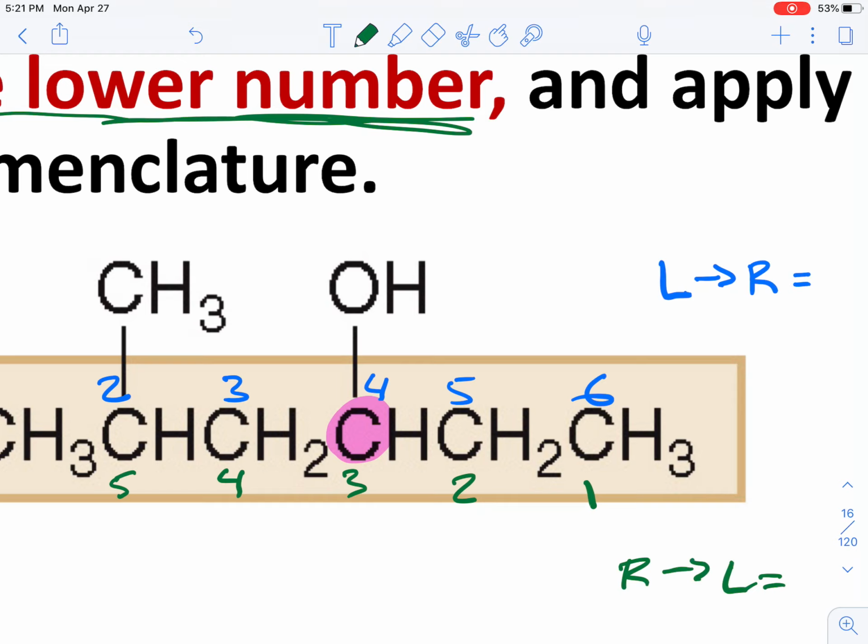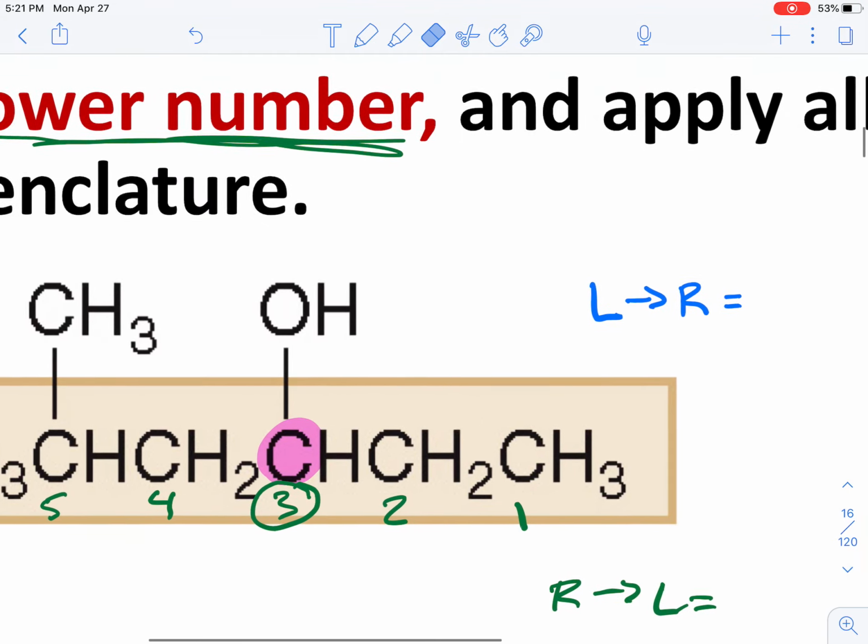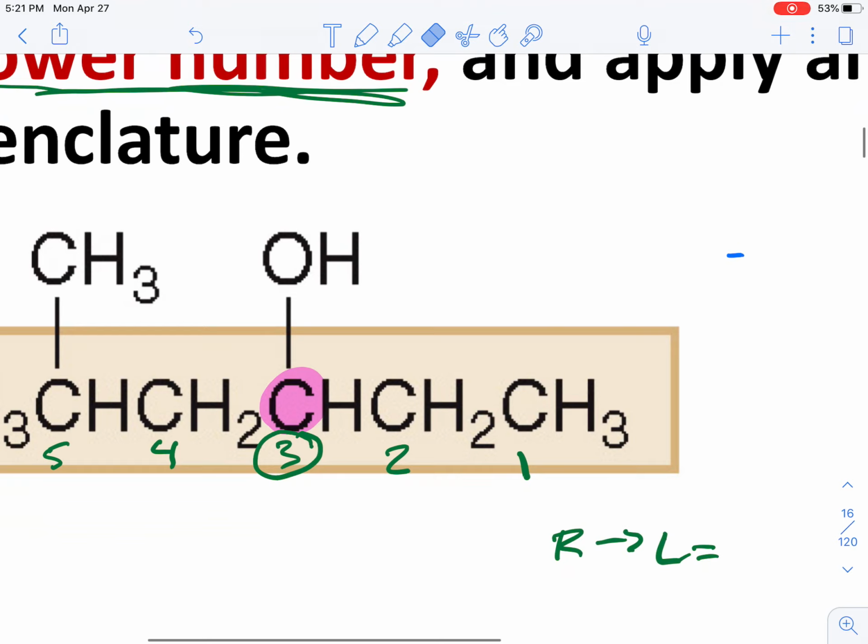I want you to notice that 3 is a lower number than 4. What this tells us is that the numbering system for this alkane chain is not going to go from left to right. Rather, it's going to go from right to left.